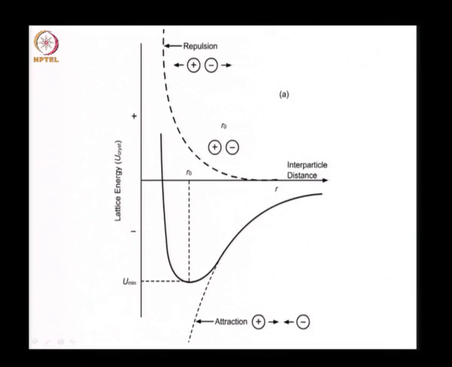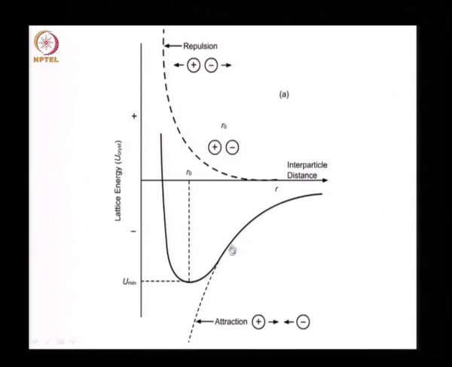we have this diagram that we looked at initially, where on the y axis we have the potential energy, or the lattice energy in terms of a crystal, and on the x axis we have the interparticle distance, the interatomic distance. And as we said in the beginning of this lecture, when the atoms or particles come together, there is an attractive force, an energy attributed to the attractive force.